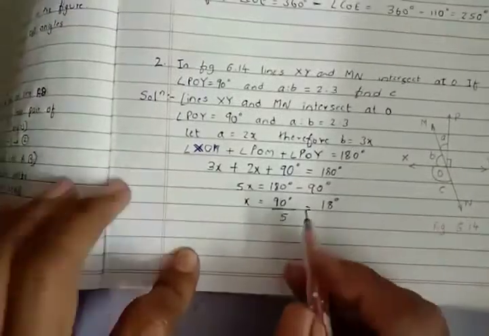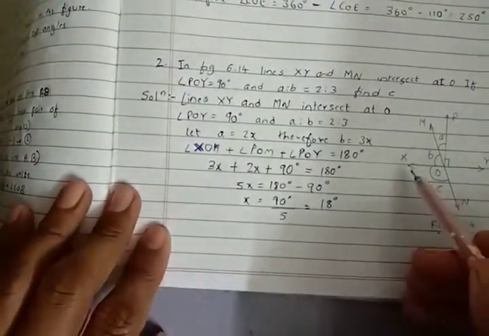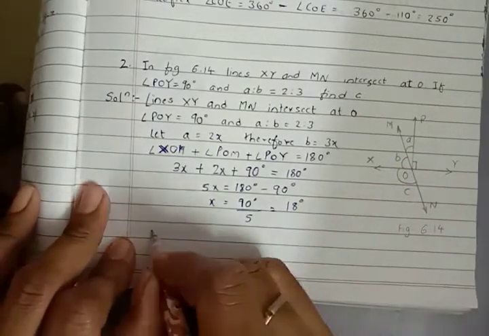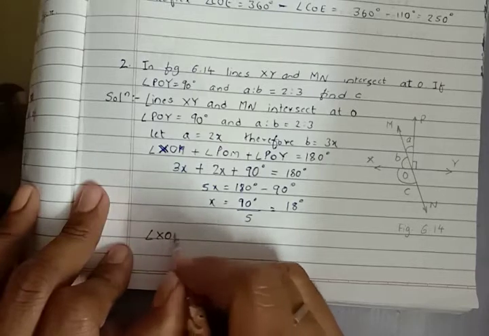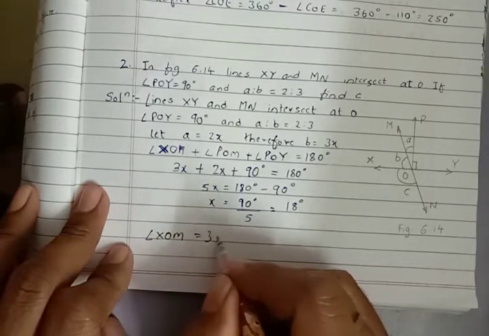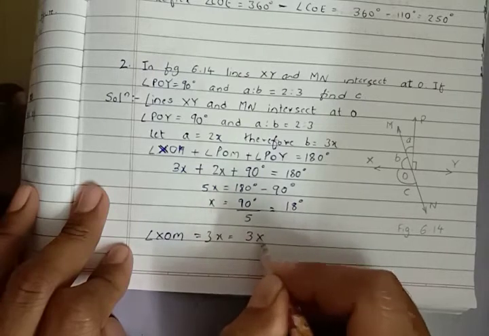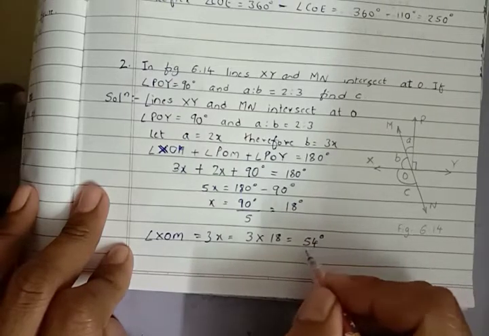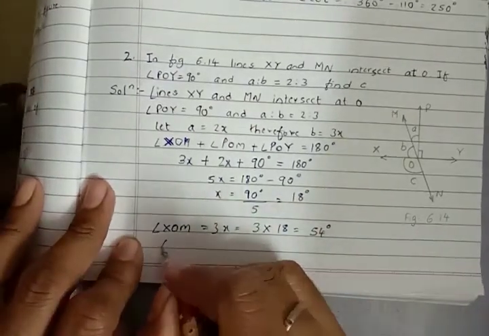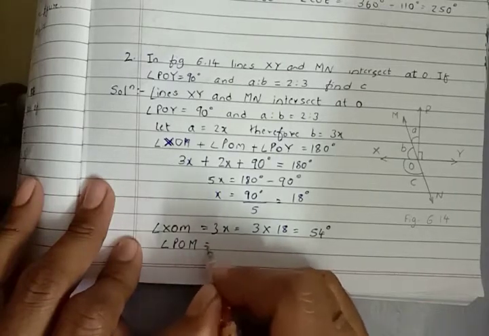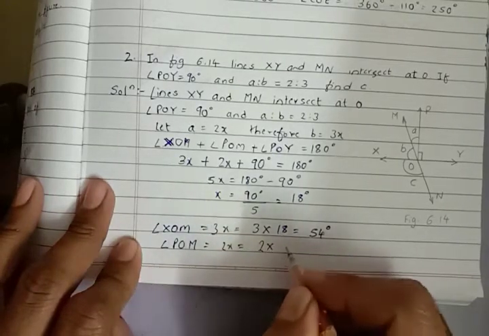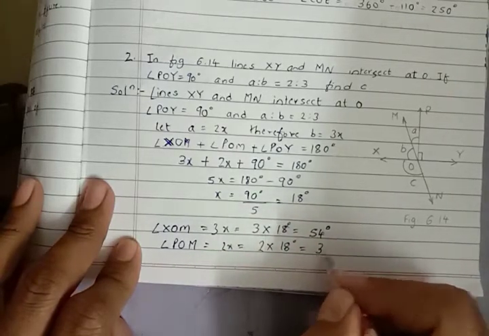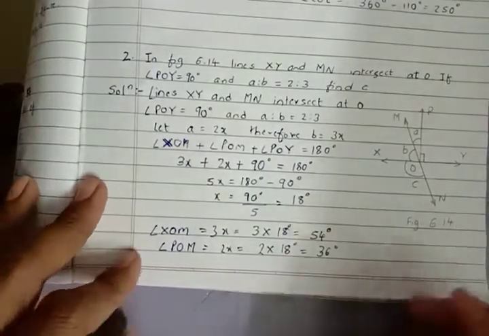Now we had assumed that angle XOM is equal to 3x. So we will put the value of x as 18 degrees. So 18 multiplied by 3. So angle XOM is 54 degrees and angle POM equal to 2 into 18 degrees. So 2x, 2 into 18 is 36. So angle POM is 36 degrees.